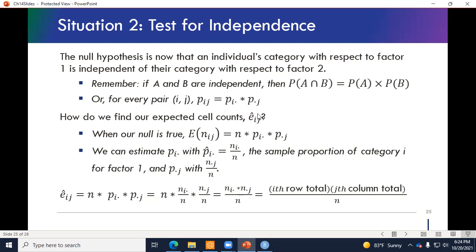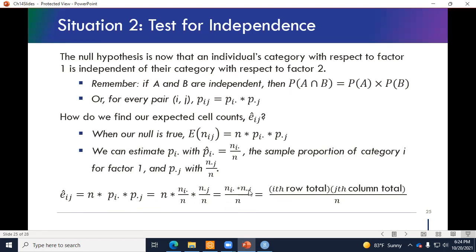And how do we find the expected cell count, E? Remember, if we want to do this chi-square test, we have to get the expected counts to compare to the observed counts. So assume our null hypothesis is true, and we calculate the expected counts for each cell. Similarly as previously, you can do Ni times Nj divided by N, or you can do N times Pi and Pj.